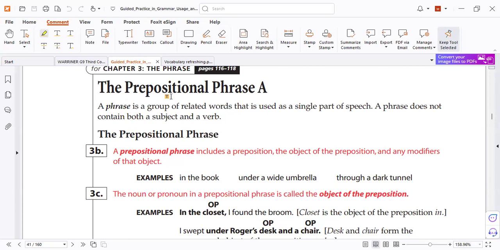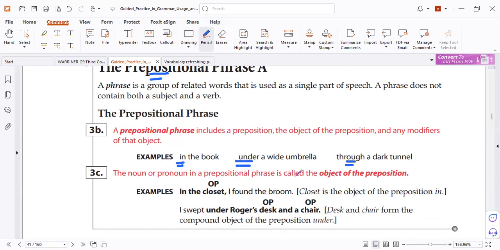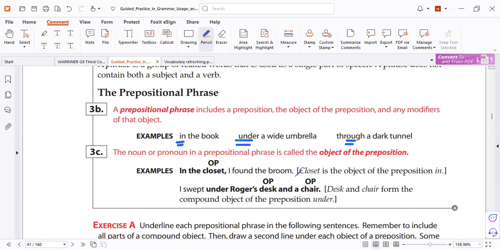Let's see. Prepositional phrase. Any phrase must start from the preposition. But the problem, what is the end? The beginning is a preposition, but what is the end? It depends on the writer.